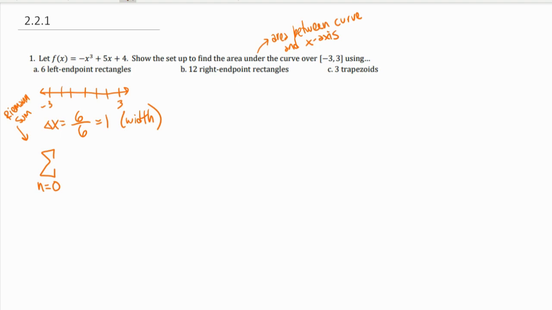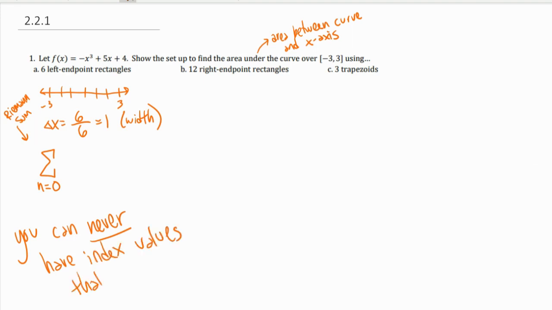So I'm plugging in all the integers. You can never, and I'm going to write this down, you can never have index values that are decimals. So I'm not allowed to start with n equals 0.5 and end at n equals 5.5, okay? That's not a thing.